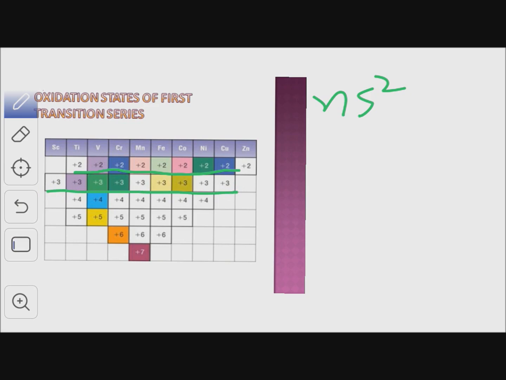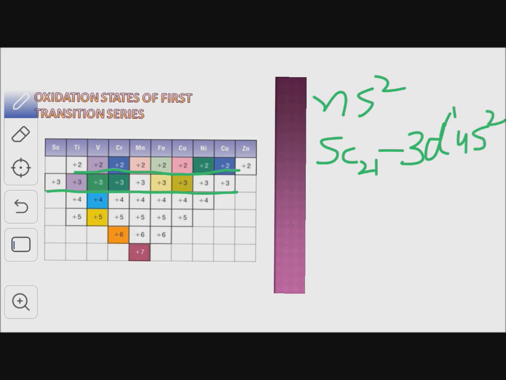In the case of scandium, its atomic number is 21. Electronic configuration, outer shell: 3d1 4s2.